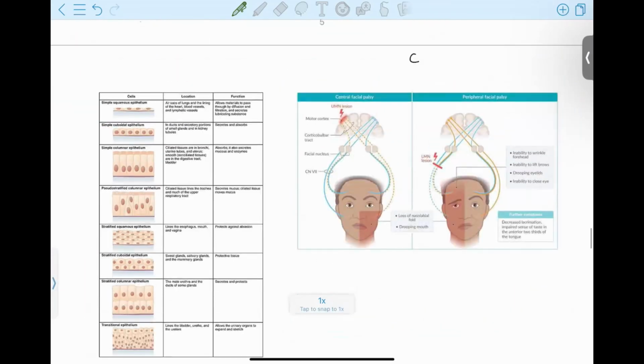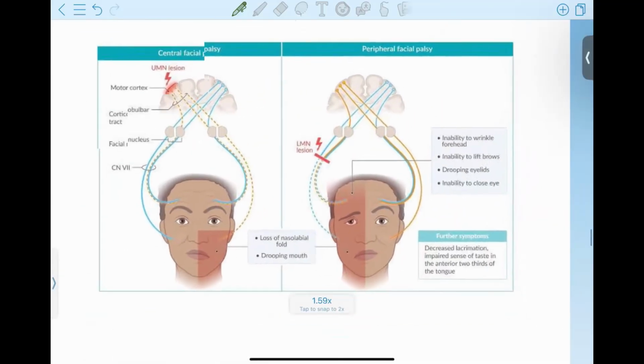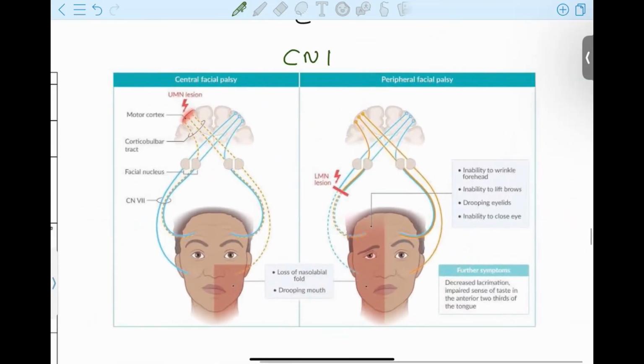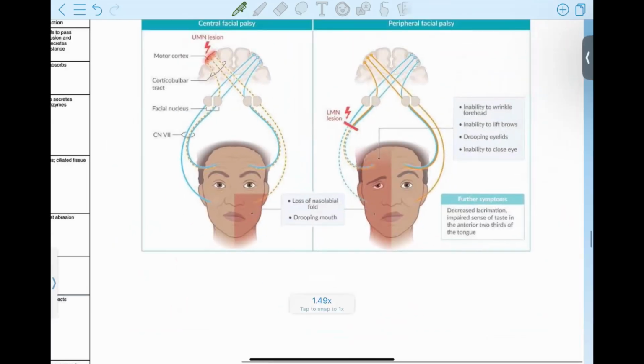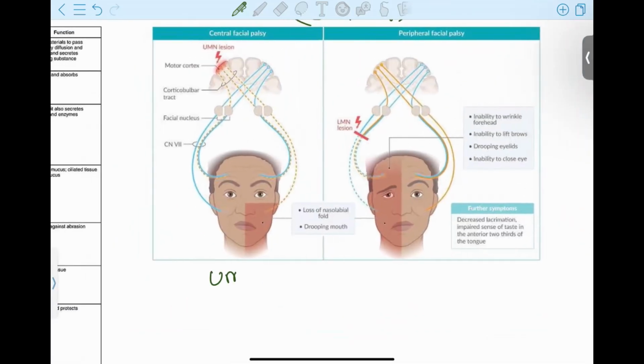So the last topic that we are going to discuss here is the cranial nerve palsy. Especially, guys, we are going to discuss the facial nerve. In the facial nerve, we have two types. One is your upper motor neuron injury and the lower motor neuron injury.